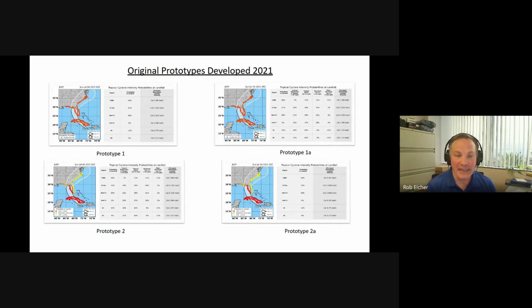One, any coastline that had any chance of landfall was outlined in that orangish color, and accompanied by either a short table that had just the strongest reasonable intensity and the chance that it would make landfall at that location, or a longer table that had the probability of everything from tropical depression all the way up to major hurricane. And then other versions where the coastline was color-coded depending on how likely it was to make landfall there.